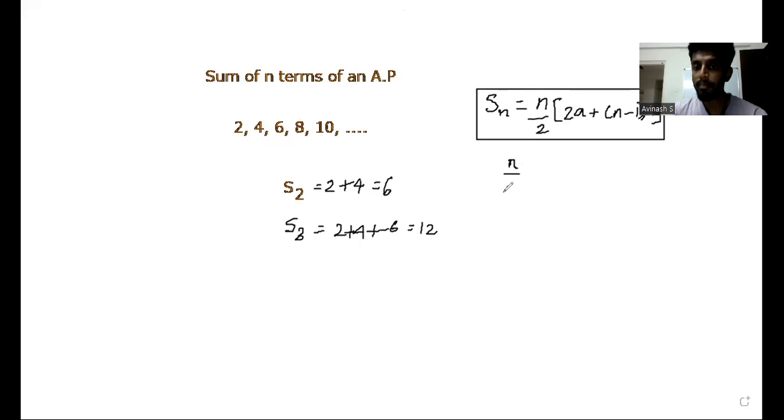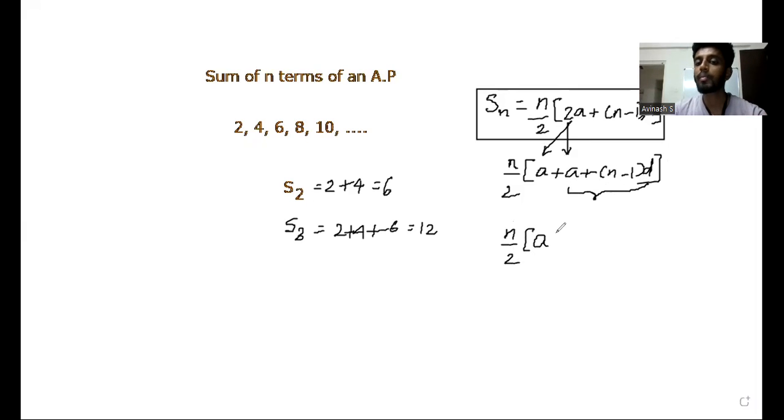Now this formula can be rewritten like this: n by 2 into a plus a plus n minus 1 into d. I have split this 2a like this. This 2a can be split as a plus a. Now, a plus n minus 1 into d is nothing but an. So this formula can also be written like this.